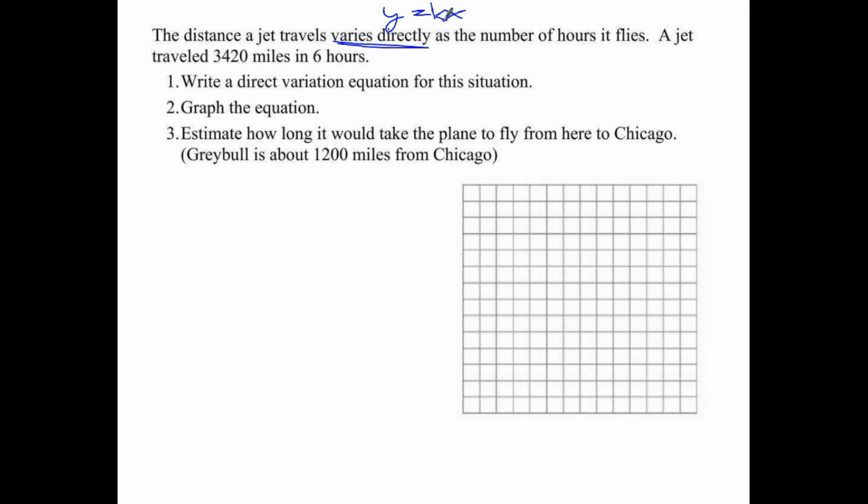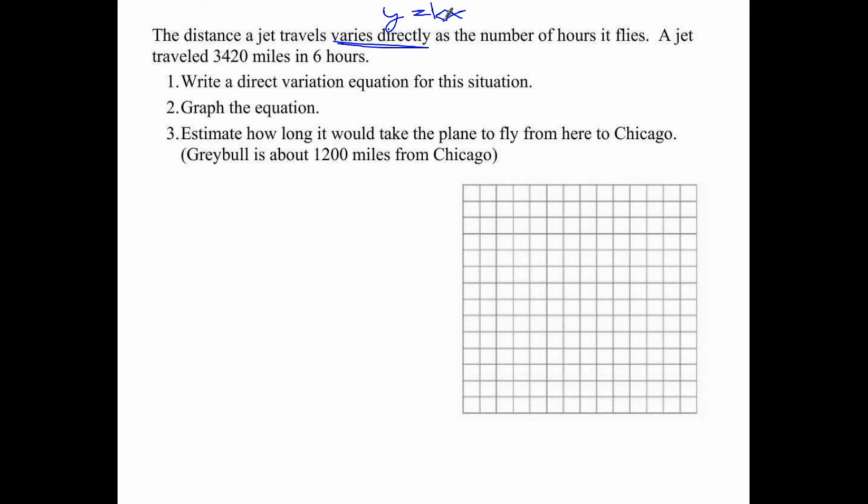Normally, x is the independent variable, okay? So here, what is the independent variable? What are the variables here? Miles traveled and hours flown, isn't it? So the distance and then hours that it flies.